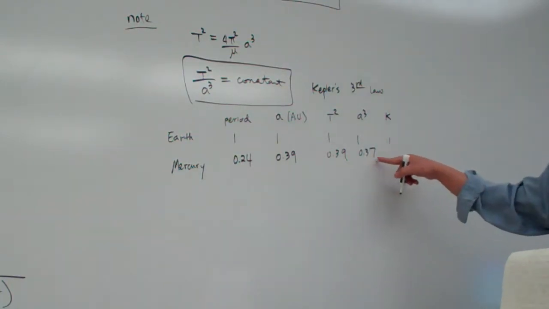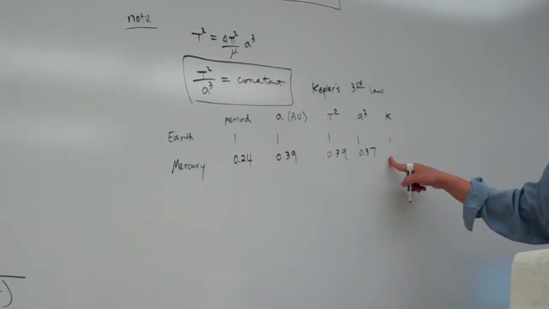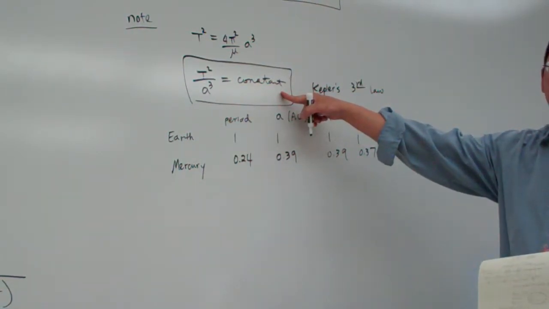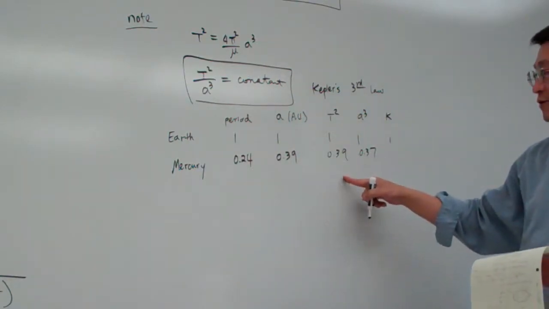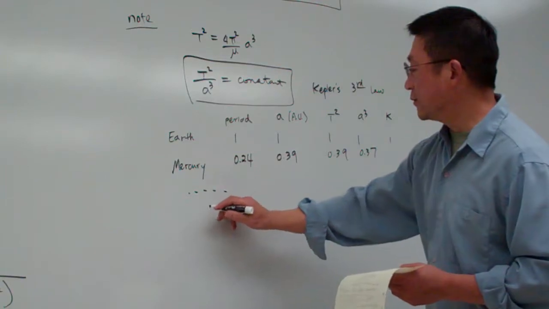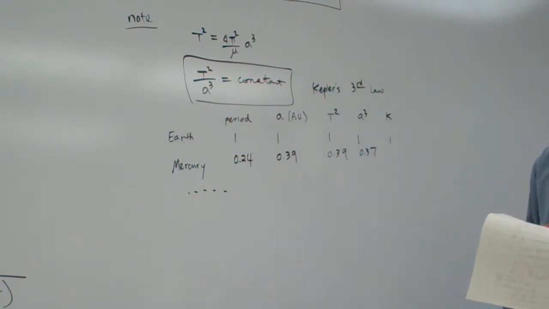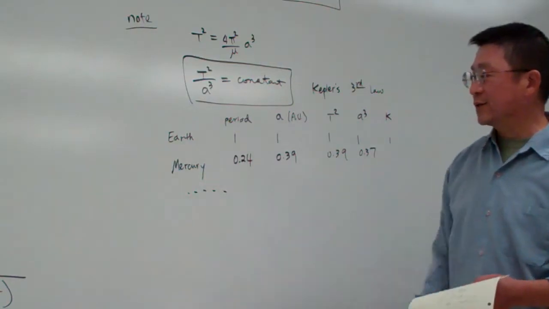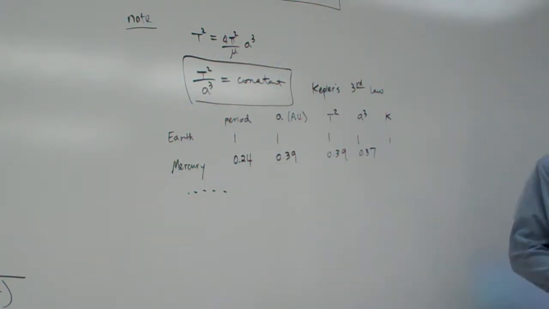So a little bit of deviation, and that is due to the two-body theory. Okay, so here what we measured is the true measurement. I forgot which table, but I think this is probably from our textbook. If you're interested, you can find out the other planets and see. Okay.